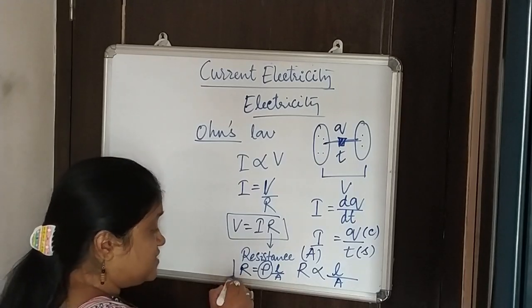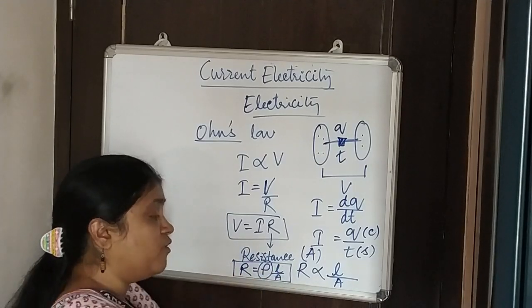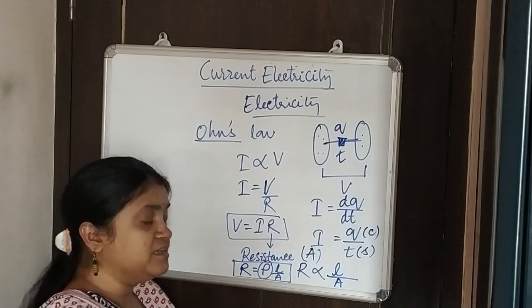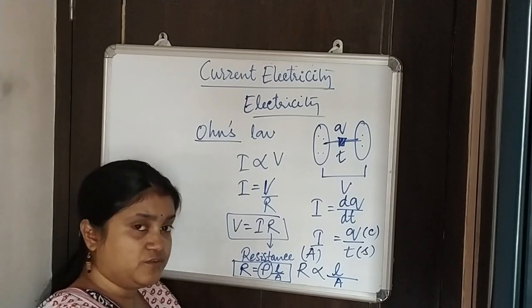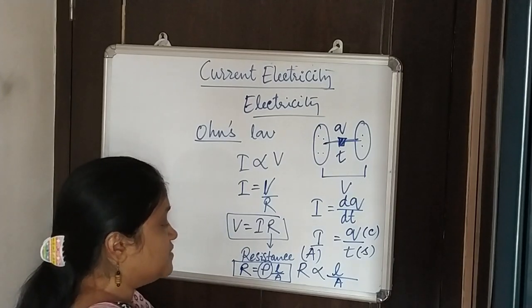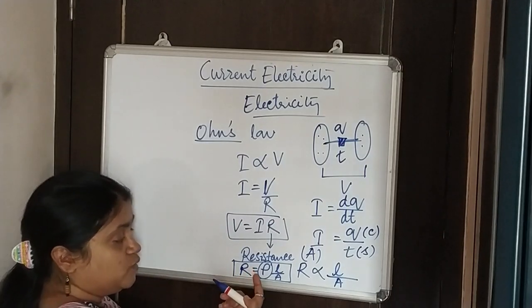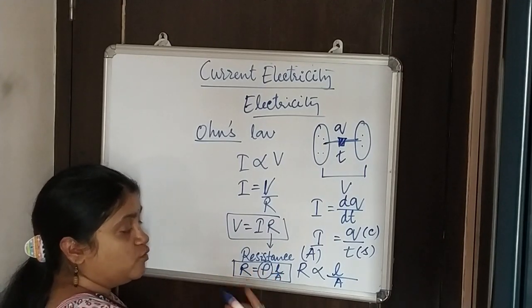This is by the law of resistance, which we will deal with in detail in an upcoming class. So R is equal to rho L by A.